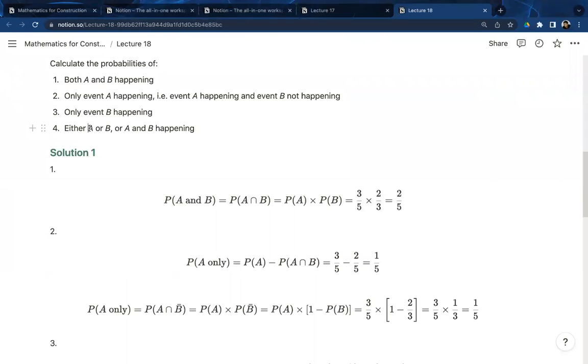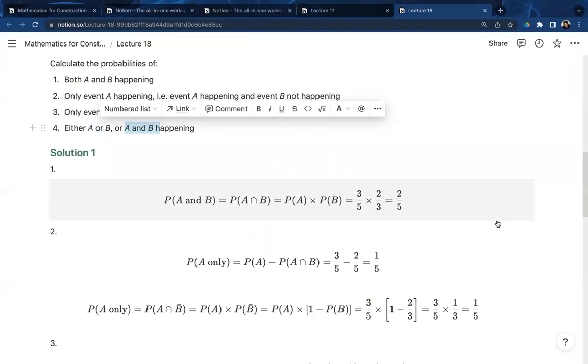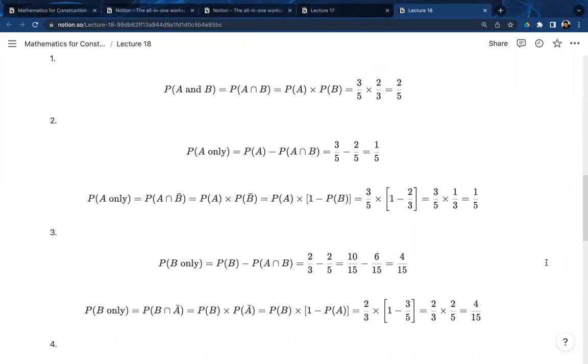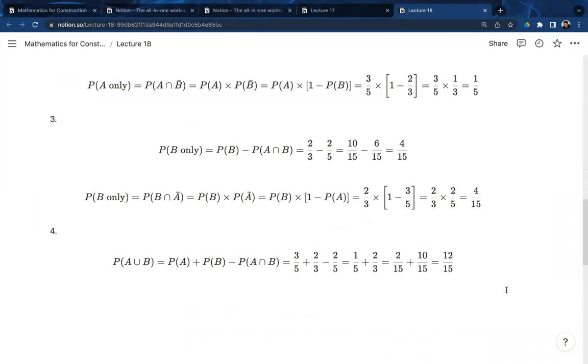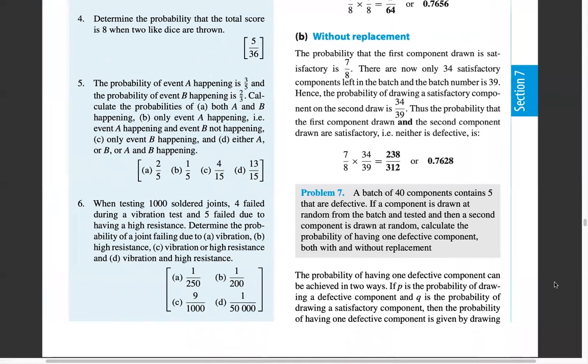Maybe they meant either A or B, which is the total thing, or the intersection. So you had to add the intersection one more time, which is, remember, the 2/5. But if you add 2/5 to this, you will get more than one, which doesn't make sense, right? So I'm not sure how they get 13 over 15 there.